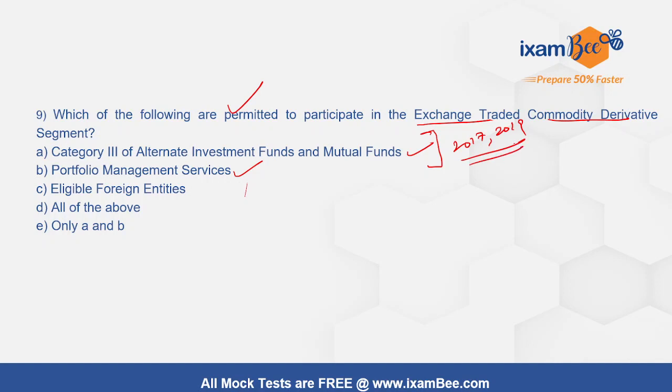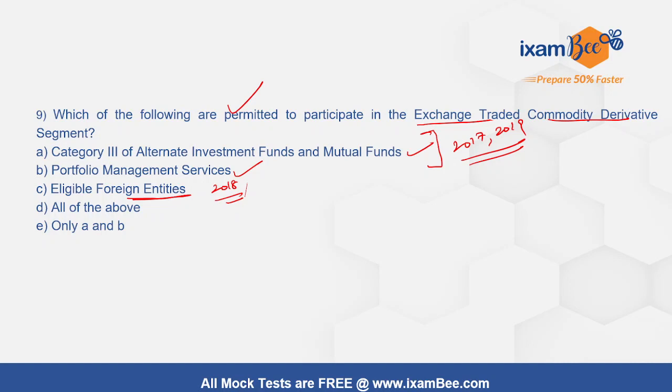SEBI had also given permission to eligible foreign entities in 2018 to participate in this particular segment. So what are the eligible foreign entities? Eligible foreign entities are persons resident outside India as defined under the FEMA Act 1999, and also a person who has actual exposure to Indian physical commodity markets, right.